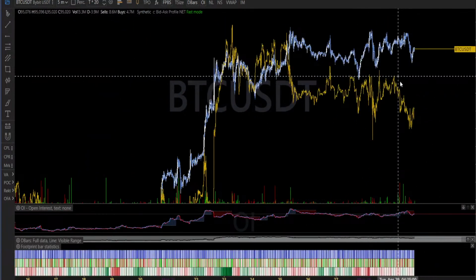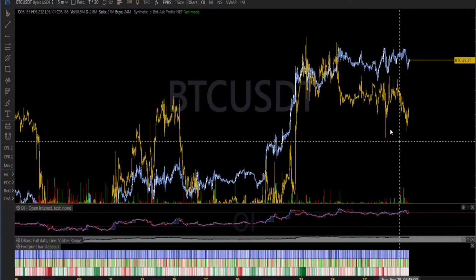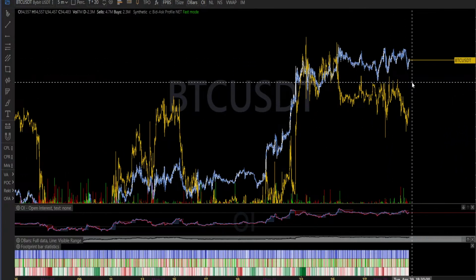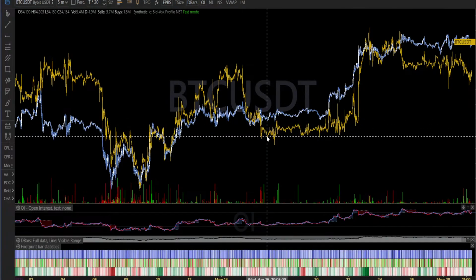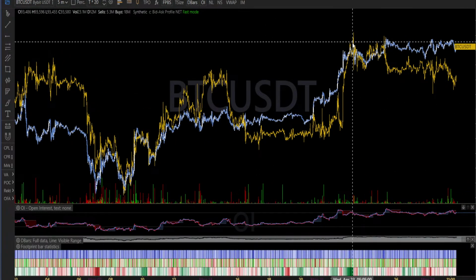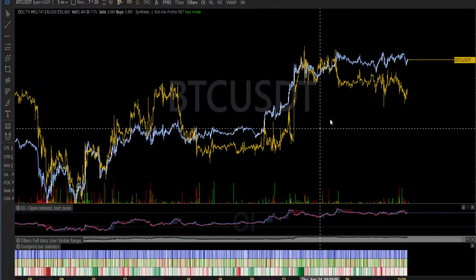Bybit order flow, some more bullish looking divergences in CVDs at these lows. Generally speaking, still the look of a lot of liquidity down here.